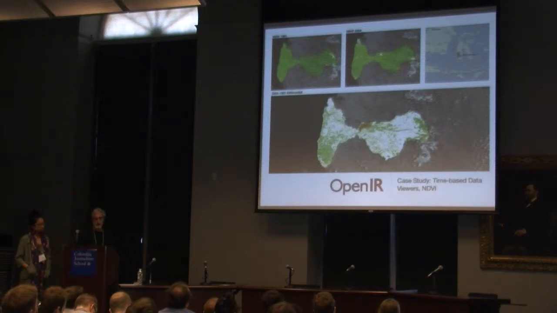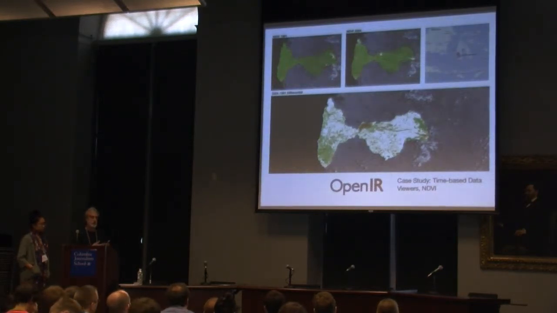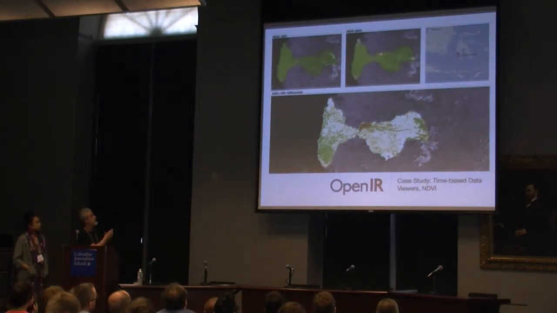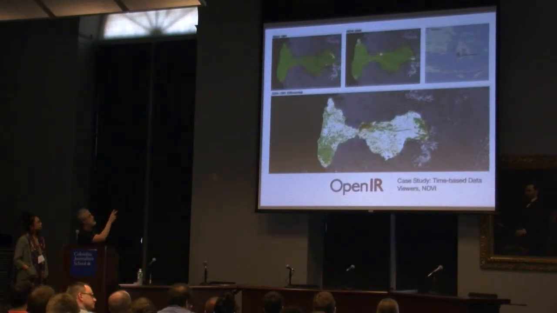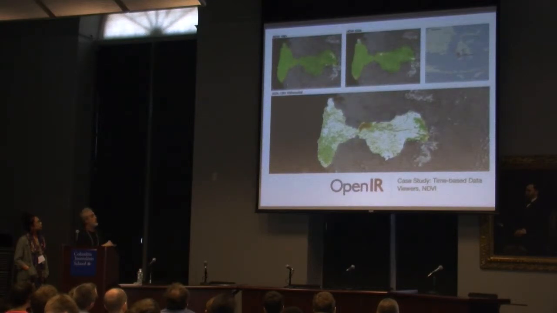Another thing we're concerned with is how to visualize the rate of change and how to use this data to quickly identify rapid changes in the environment. This is a project we are working on with UNDP. We produced two NDVI vegetation index images for the Makassar watershed, one from '91 and the other from 2004, and the big image on the bottom is a differential.